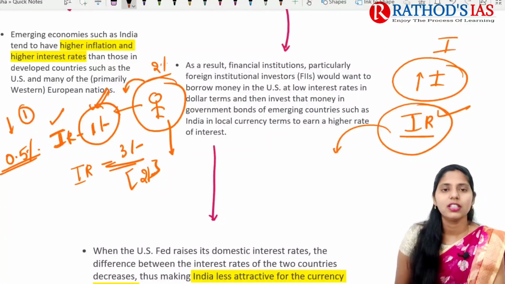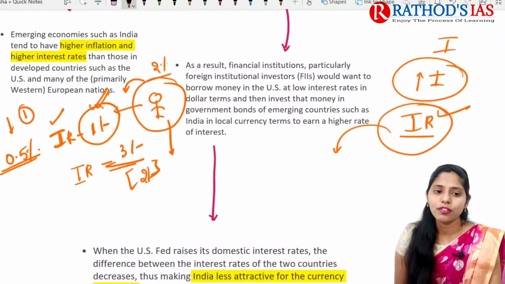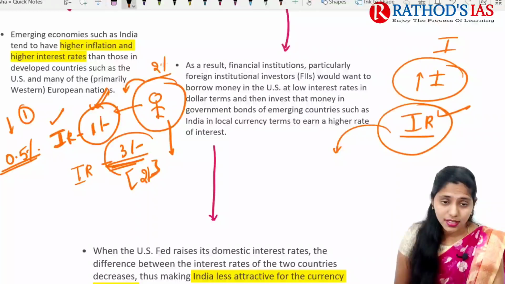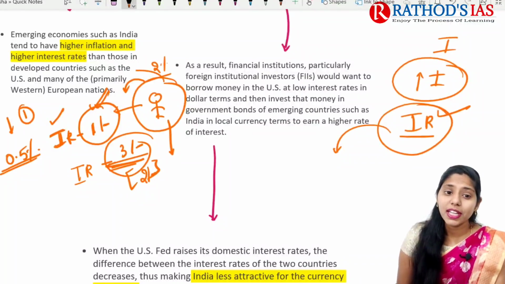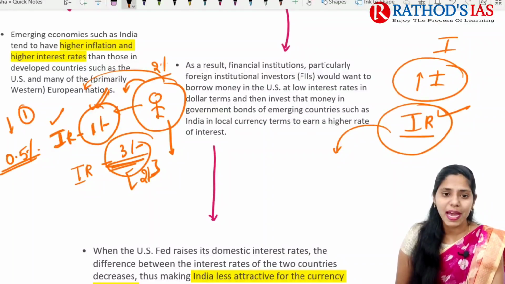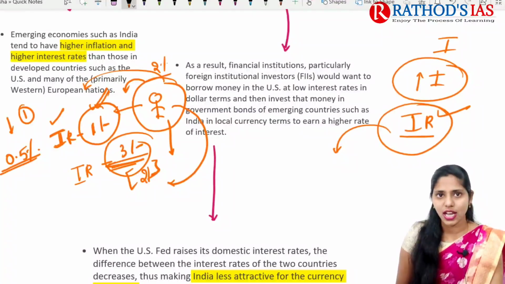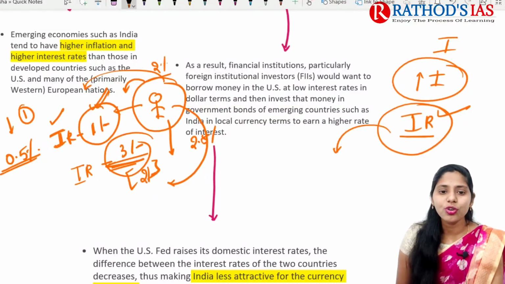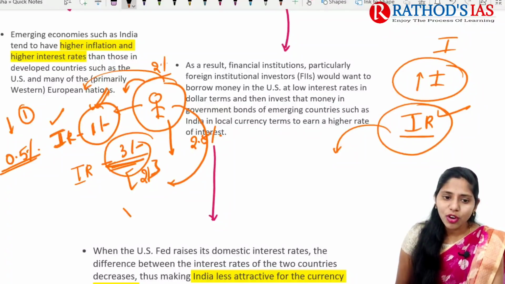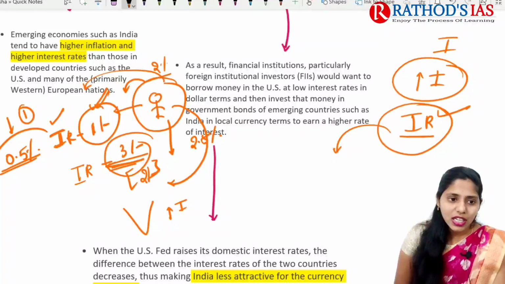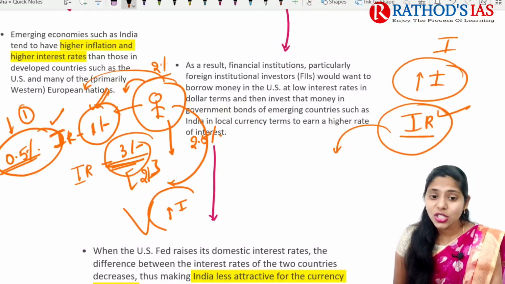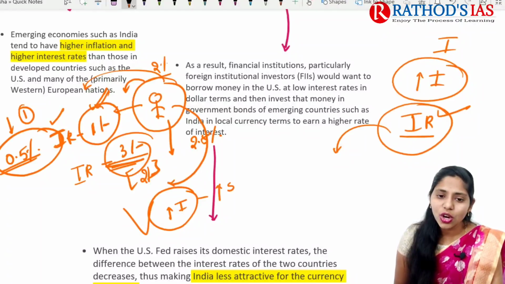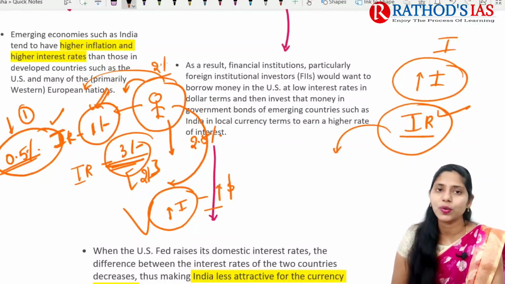So if interest rate decreased to 0.5% and interest rate here is 3%, I will be taking much more money as a loan from the bank and investing in India, such that I will be getting a profit of 2.5%. That means in India there is an increase of investments. So whenever interest rate decreases at the US Federal Reserve, there is an increase of investment, that means an increase of dollar inflow into India.